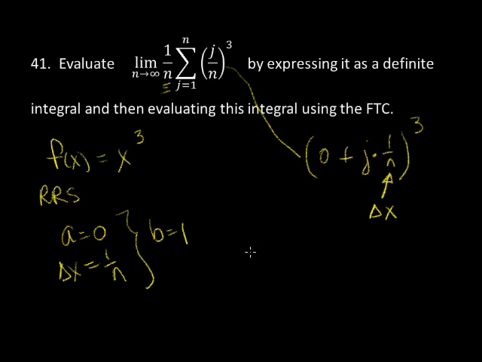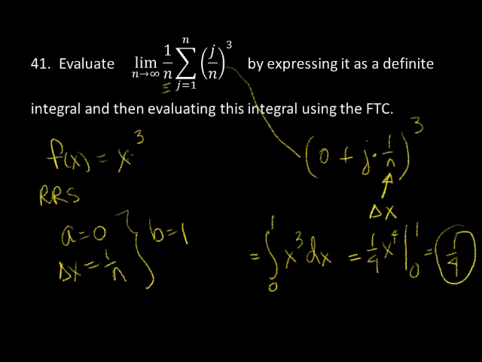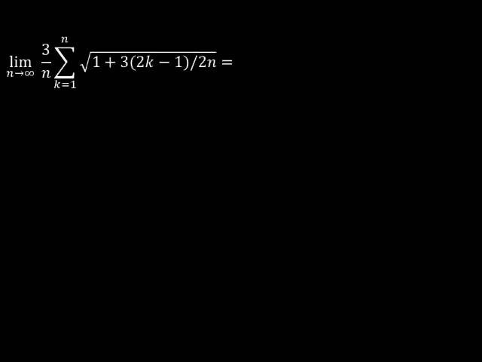So I will evaluate this limit by saying this limit is equal to the integral from 0 to 1 of x cubed dx, which is, well, 1/4 x to the 4th, evaluated from 0 to 1, gives us 1/4. The limit of that complicated looking sum is simply 1/4, because we could evaluate it as a definite integral.